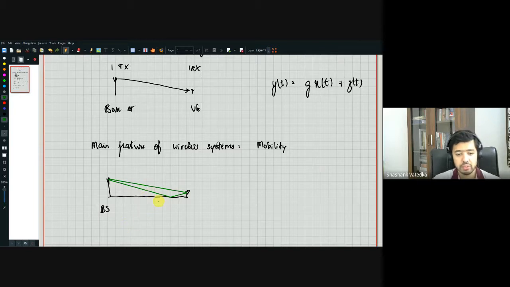Because every time a signal is reflected off any kind of object, there is typically a change in the phase, right? And also the distance traveled by this ray is different from this particular signal.